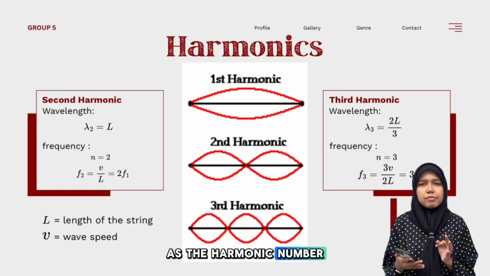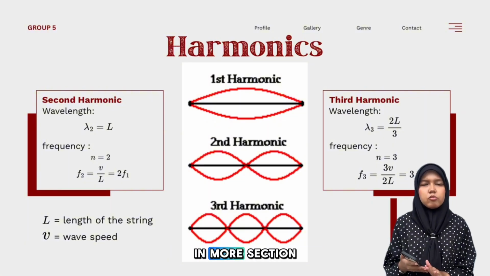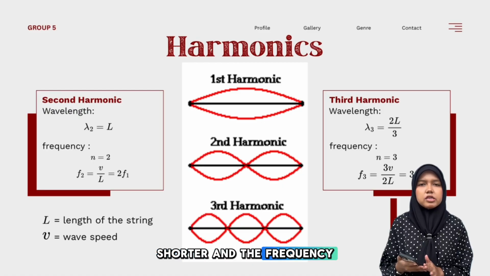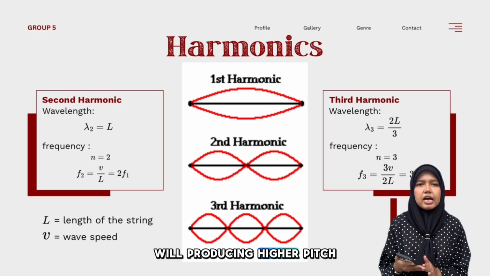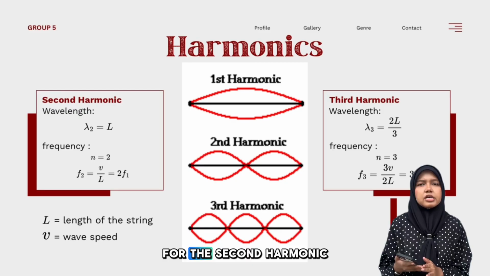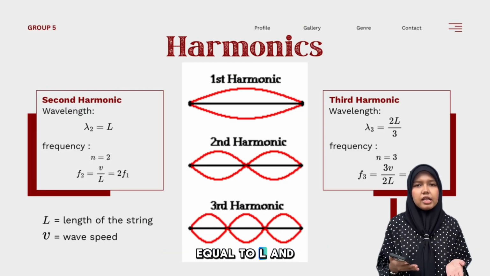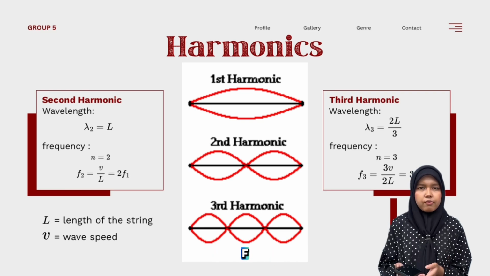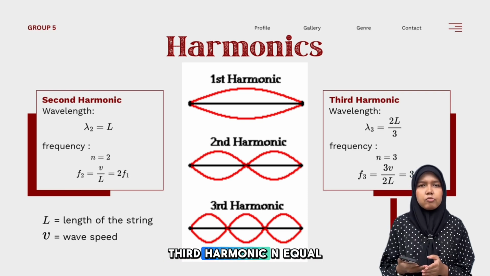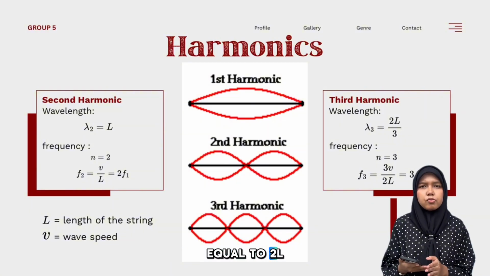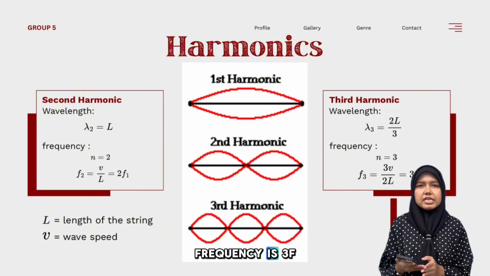As the harmonic number increases, the string will vibrate in more sections. The wavelength becomes shorter and the frequency becomes higher, producing a higher pitch. For the second harmonic, n equal to 2, the wavelength is lambda equal to L and the frequency is 2f. And lastly, for the third harmonic, n equal to 3, the wavelength is lambda equal to 2L over 3 and the frequency is 3f.